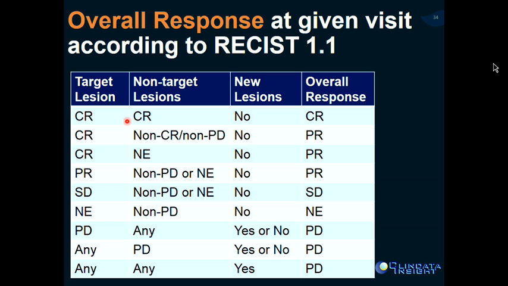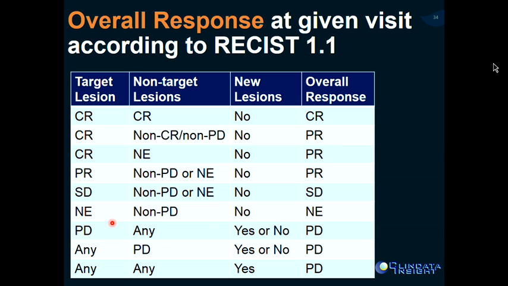For example, let's say target is a complete response and non-target is a complete response, and there is no additional tumor detected. The overall response is going to be complete response. But if target is a complete response and non-target is stable disease, it's going to be partial response.